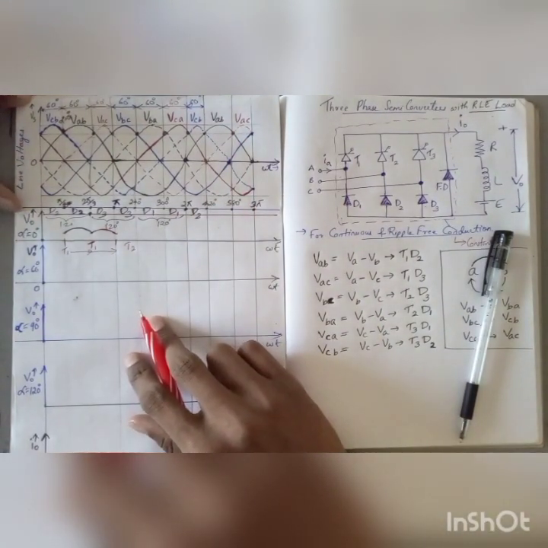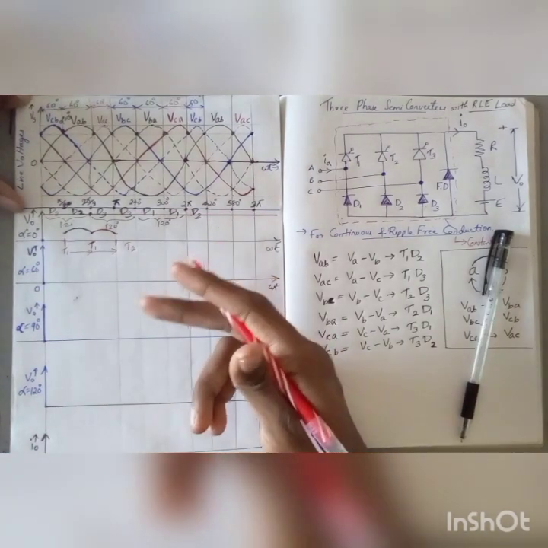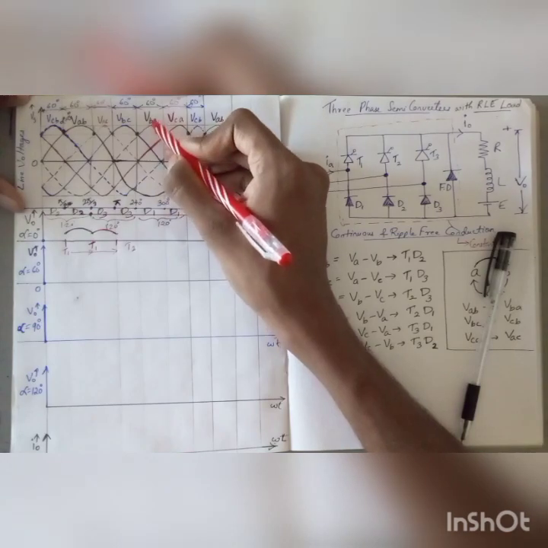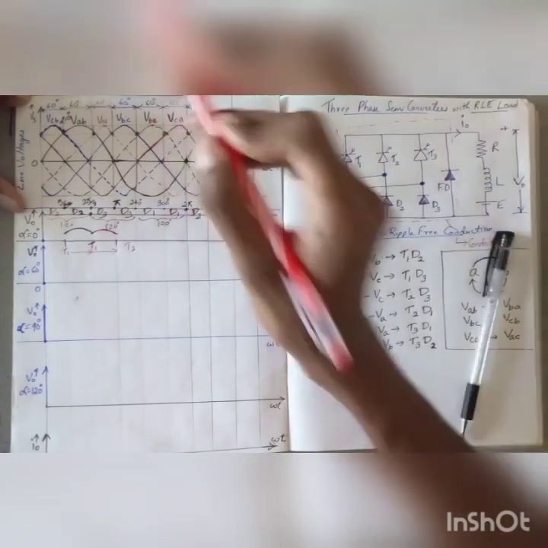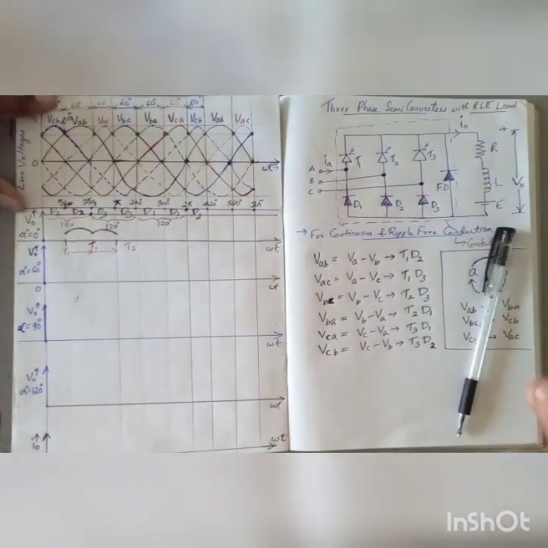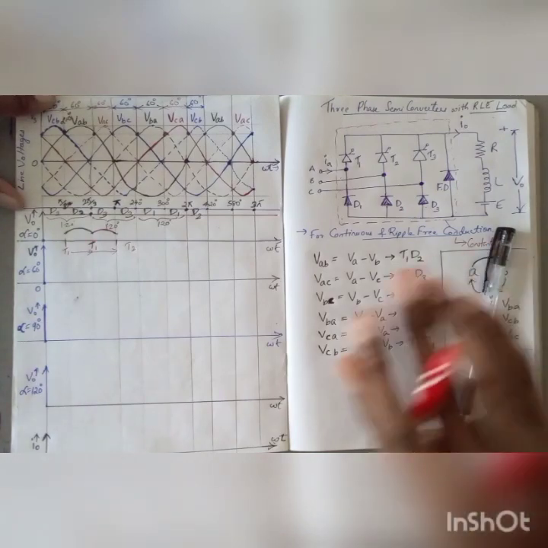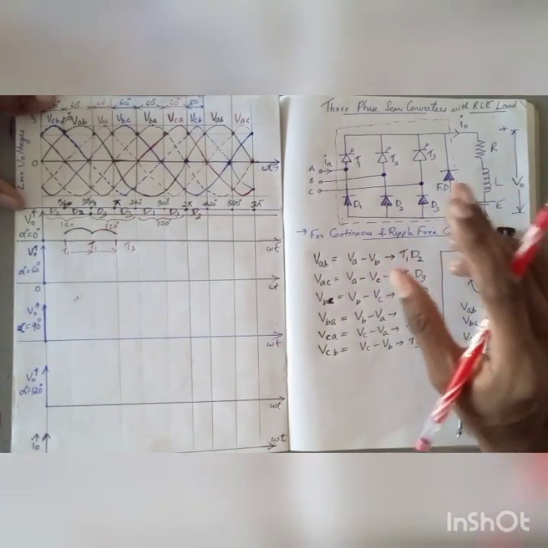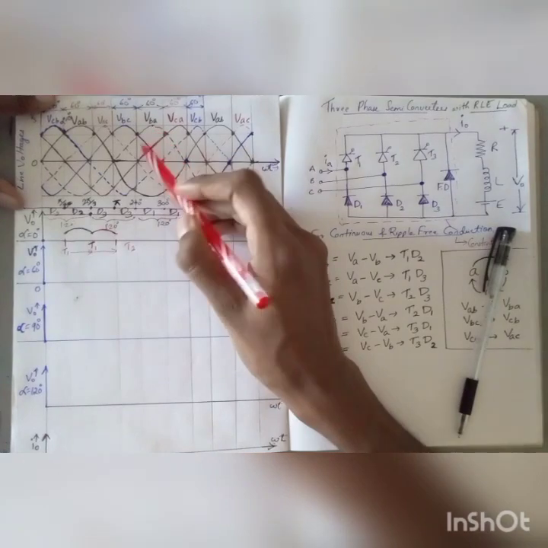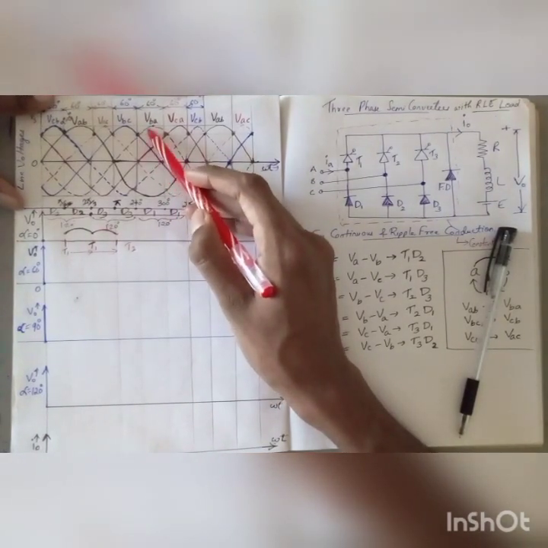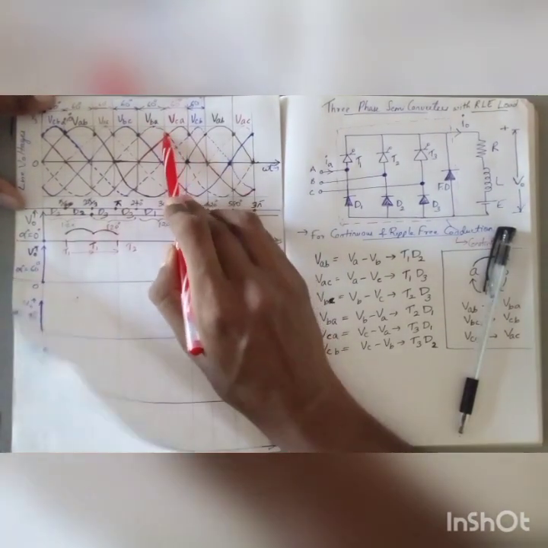At that point, what is the greater voltage when compared to other voltages? VBA. Then also VB is positive, which means T2 is in forward blocking mode and it is already triggered, so it is in conducting state. T2 is conducting, and VBA means VB minus VA.